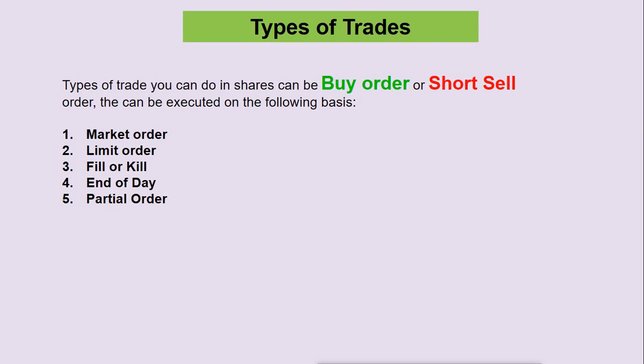Then they go into the market and buy at a different price so they can make a difference, which is called a spread between those two amounts. So always try to go for a limit order if you can, because it gives you the price that you want so that you are not prejudiced by the broker.